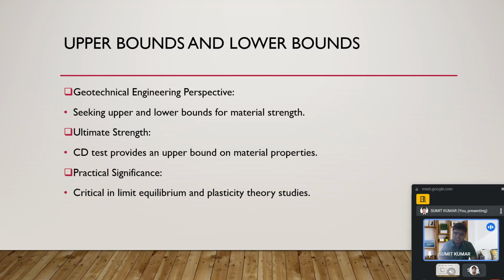When you talk about geotechnical engineering practice, it is about the material strength. And when we talk about the ultimate strength, the CD test provides that upper bound strength, basically the ultimate strength which soil can sustain in any condition. And the significance is that it is critical in limit equilibrium and plasticity theory study.